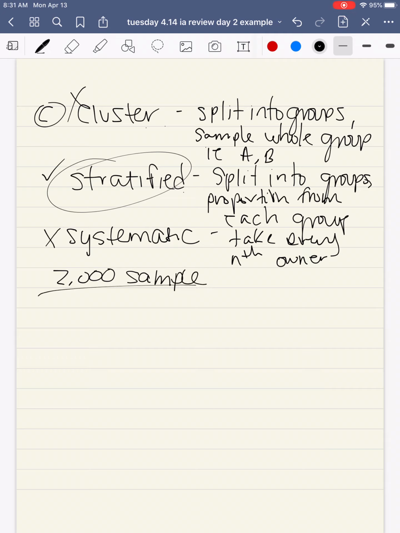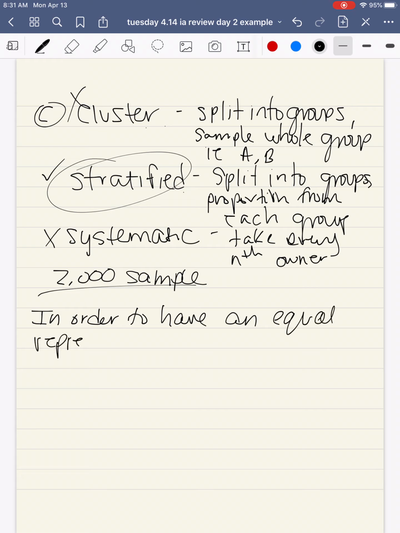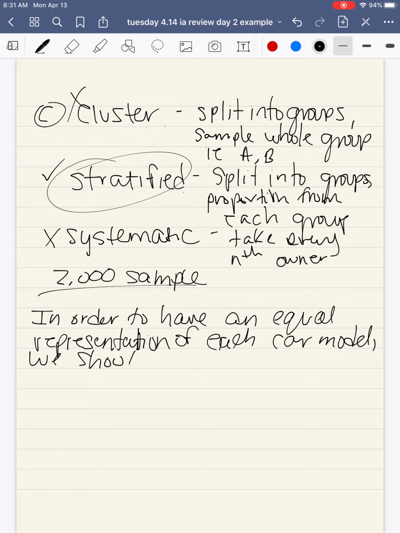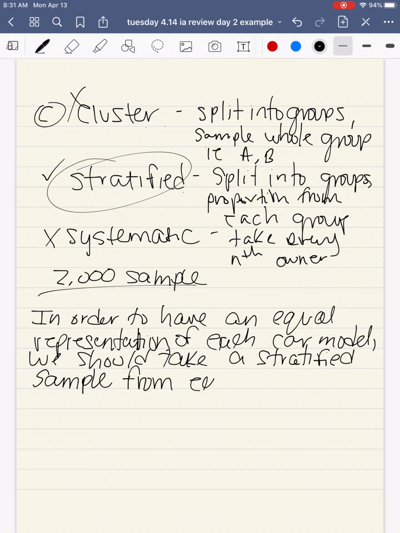So let's just say, in order to have an equal representation of each car model, we should take a stratified sample from each model.